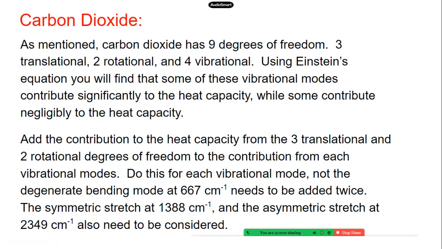It's 1/2 for each of the rotations. The linear species has 2 rotational modes, so that's 1/2 plus 1/2. And then you add to that the contribution due to the vibrational modes. You'll get something for the first degenerate bending mode, something for the second degenerate bending mode, a very small amount for this one, and basically nothing for this one. You add all those together. Students have made some strange mistakes here in the past.